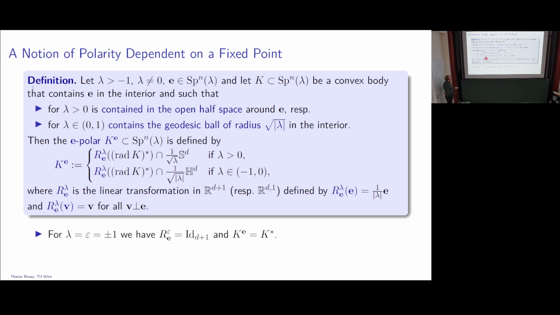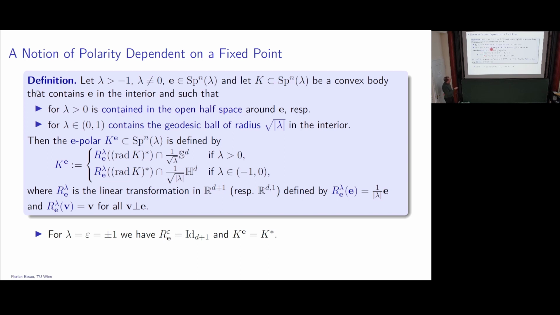Then you can define the duality mapping as a mapping from the space form of curvature lambda again to the space form of curvature lambda. This is different from just taking the duality operator as usual, by rescaling the cones.